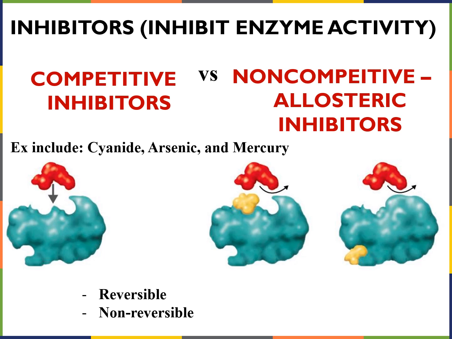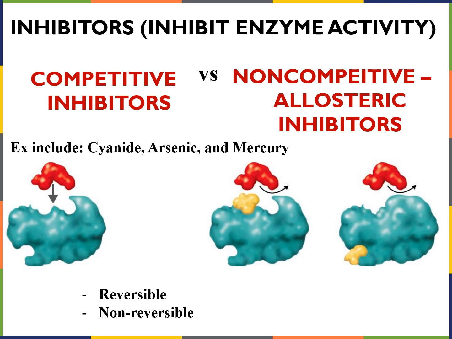Now, at some point, this yellow molecule may leave, meaning it's reversible. If it leaves, then the enzyme will go back to the normal shape. The active binding site turns back to normal, and then the substrate would be able to bind there once again. But as long as that allosteric site is full, no binding can occur.